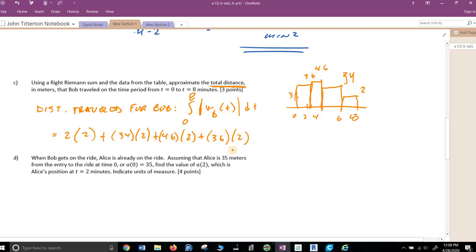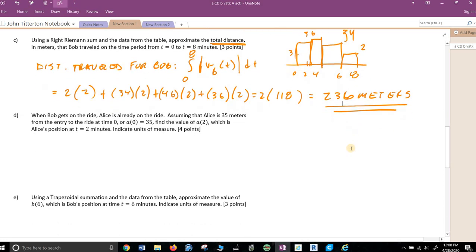Notice the 2 can be factored out, and you just add all this up if it helps. In this case, I believe that gets you to 118. Don't forget your units, which I believe they do on their answer key here. 236 meters. Showed you how easy it is to forget those units.